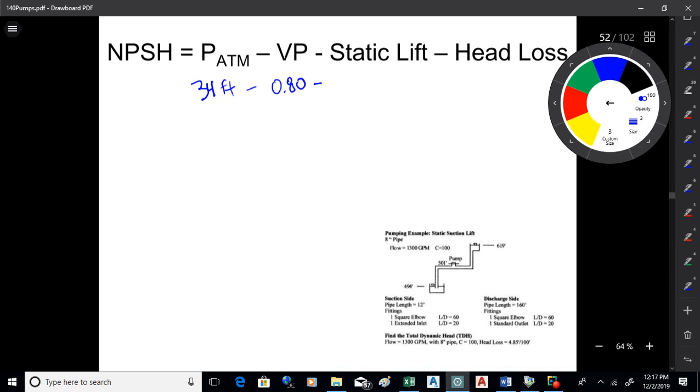I'm not looking at the full lift. I'm looking at what it takes to get the water into the volute. 7 feet. That's 501, which is where the volute's at, the pump's at, minus where the water's starting, which is 494. That's 7 feet. So the first two numbers are pretty easy to get. Head loss is going to take a little bit of work.